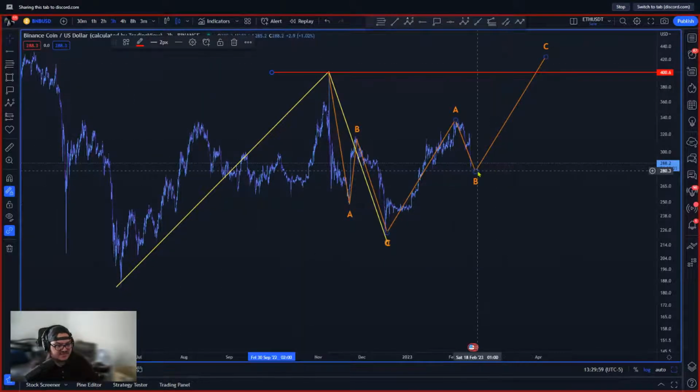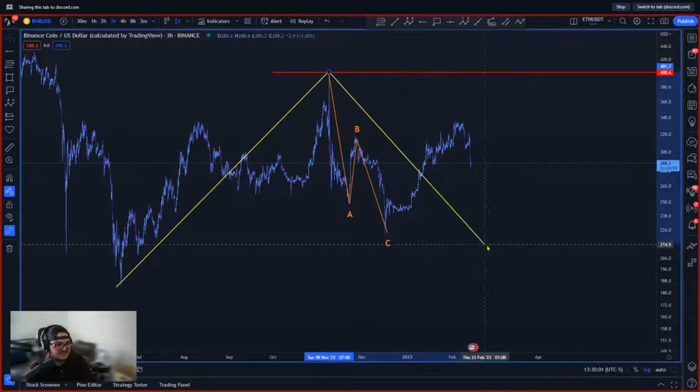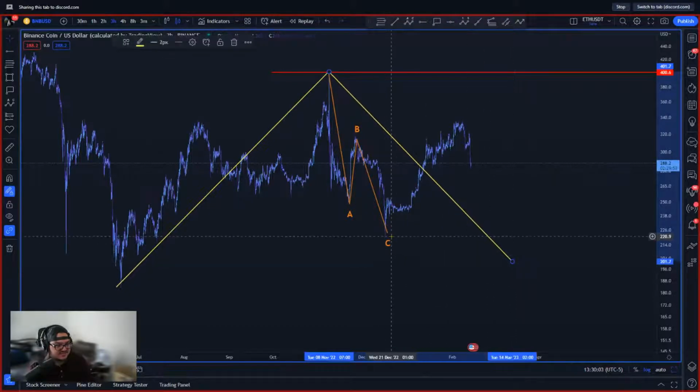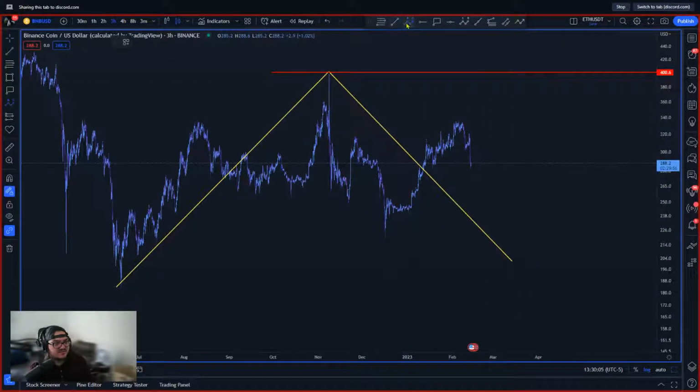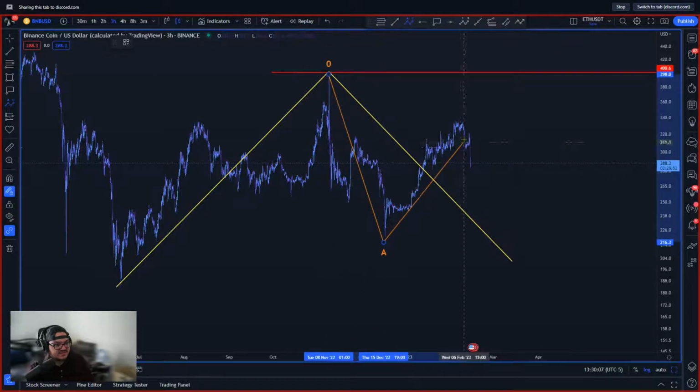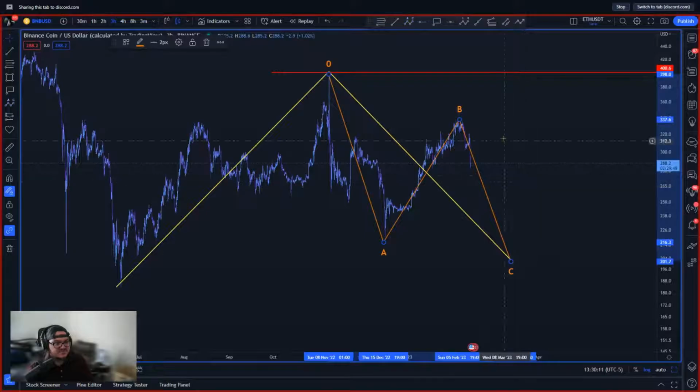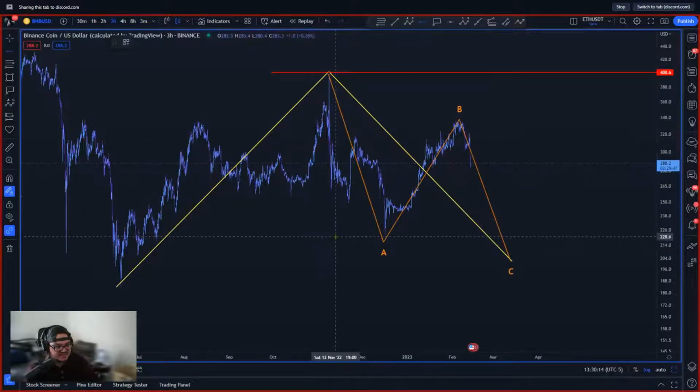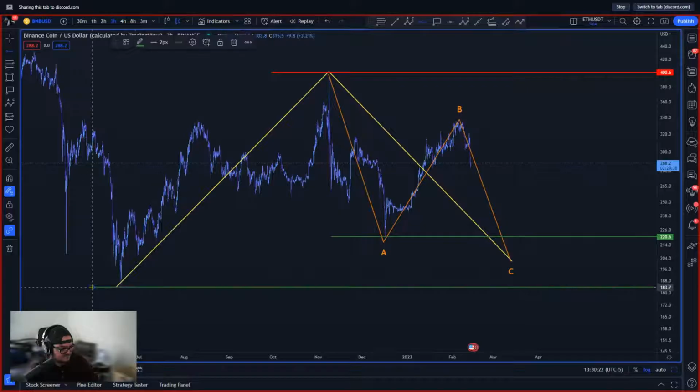Another alternative is that maybe this is an extended B wave, and we're working on an A to a B. Maybe we come up and put in one more high, or maybe we topped out here and put in a larger C. If that is the case, I'm going to mark this pivot that price needs to get back below in order for me to confirm that, as well as the bottom here.